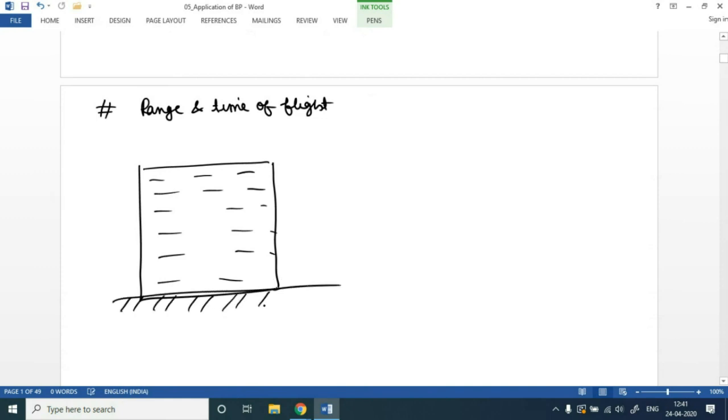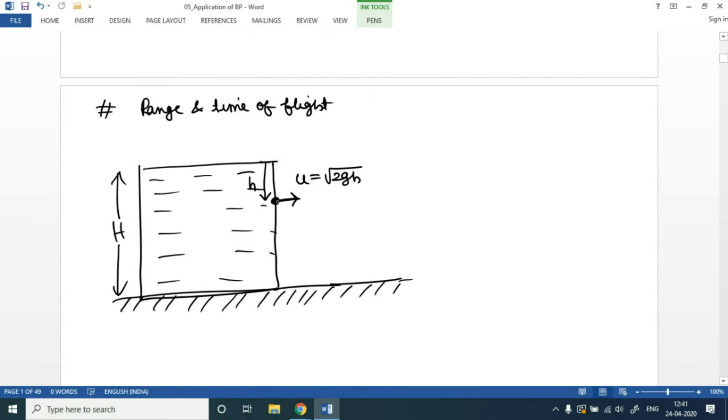This container is kept over a horizontal surface, and let's say the height of the container is H, and we have made an orifice of very small cross-sectional area in comparison to the cross-sectional area of the container, at depth h from the open surface. So obviously the velocity of efflux here is going to be root 2gh.